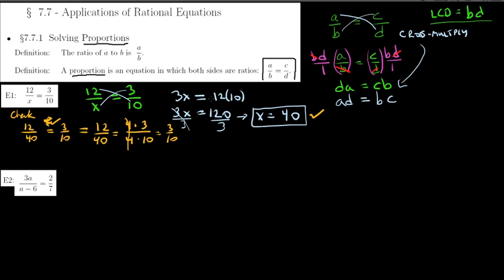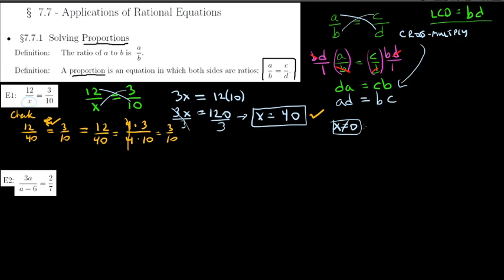So I hope that helps. One thing to note, though, that we kind of skipped over here: in the last section, we also found the restricted values. Remember, x is in the denominator, so x equals 0 was a restricted value. So notice that x cannot be 0, but we didn't get 0 as our answer.